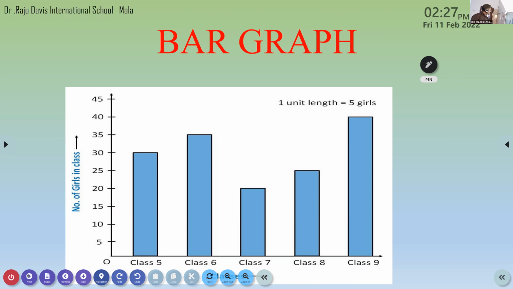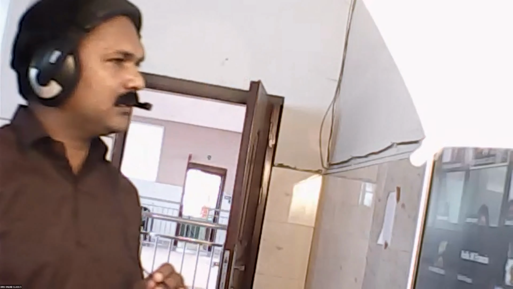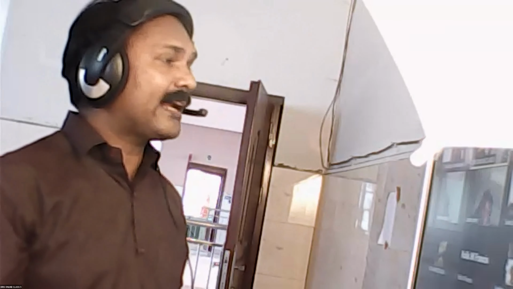So now, can you explain what is bar graph? It is a pictorial representation of two sets of numerical data. That is known as graph. I asked you what is bar graph?